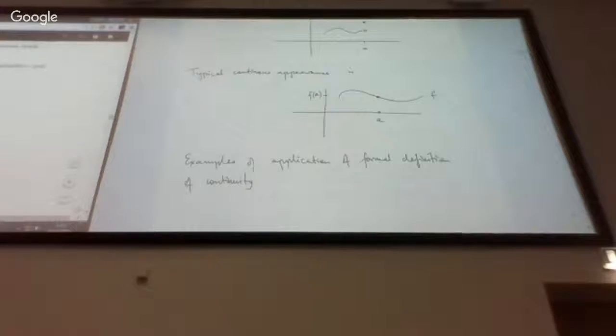Delta is measuring the size of an interval around point a in the domain. So for any size of interval around f of a in the codomain, there exists a size of interval around a in the domain.